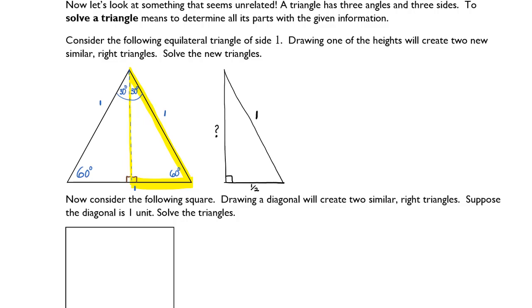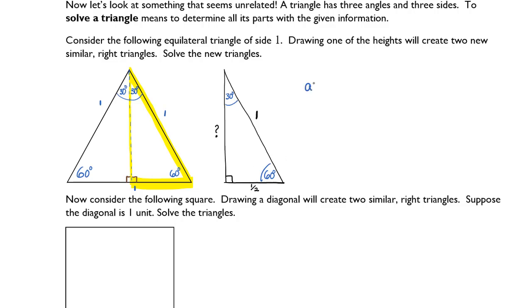But I do know that this angle here is 30 degrees. That's the acute angle. I know that this angle to the right is 60 degrees. And the other is 90. So again, the angles add up to 180 degrees, and I know 2 sides of the triangle.